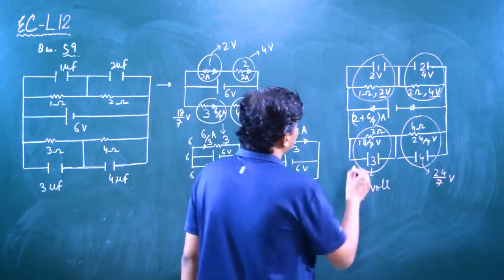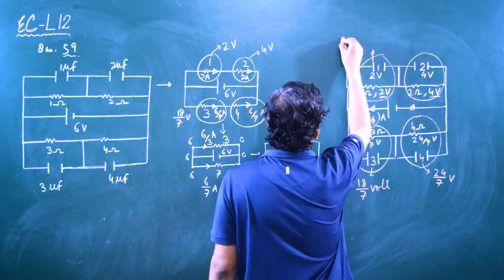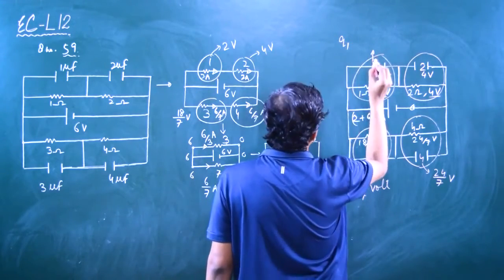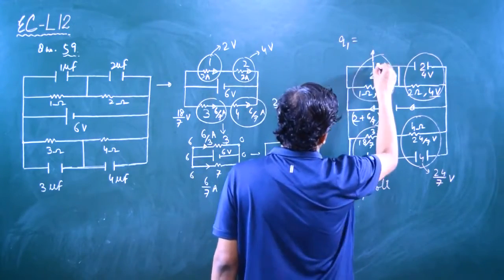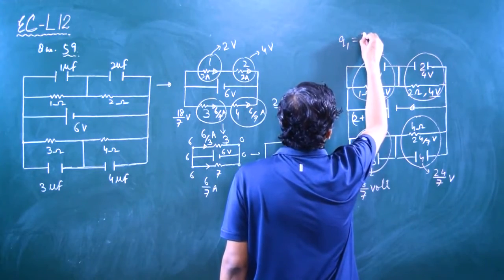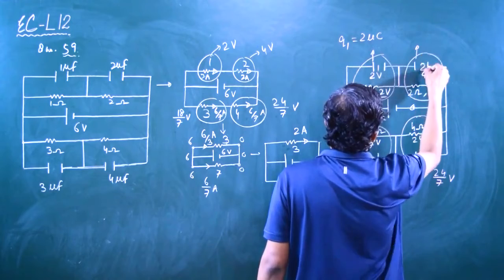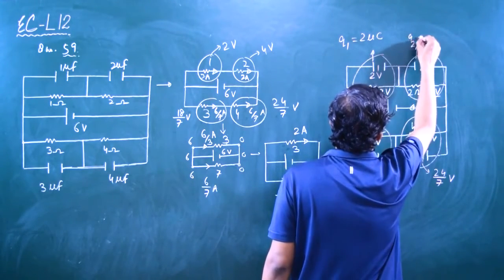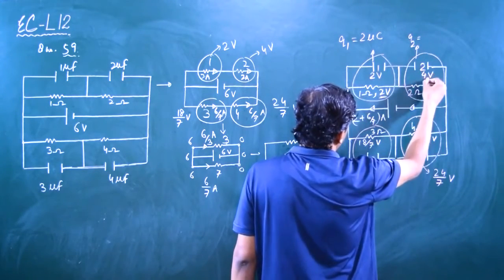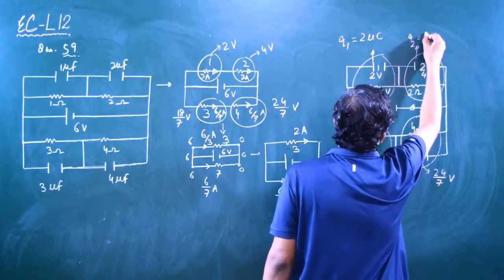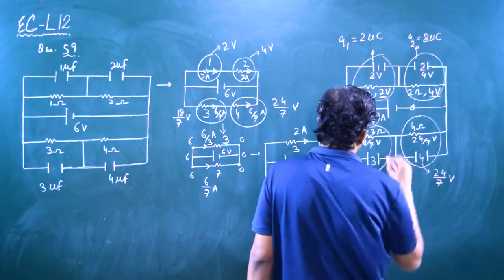So charge across the 1 microfarad capacitor is 1 into 2, so it is what? 2 microcoulomb. Similarly charge across the 2 microfarad capacitor, capacitance we have 2 and voltage we have 4. 2 into 4, that is what? 8 microcoulomb.